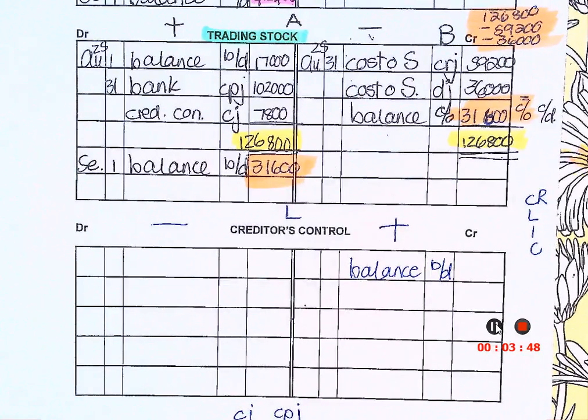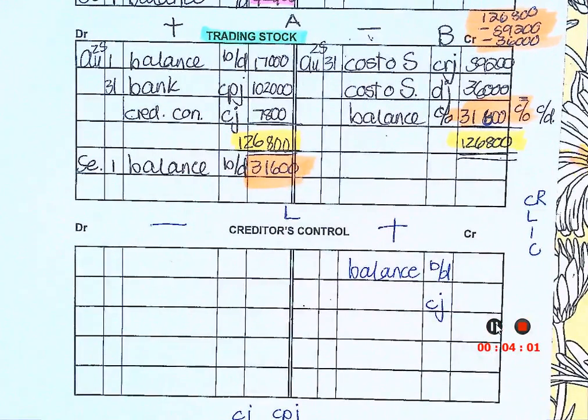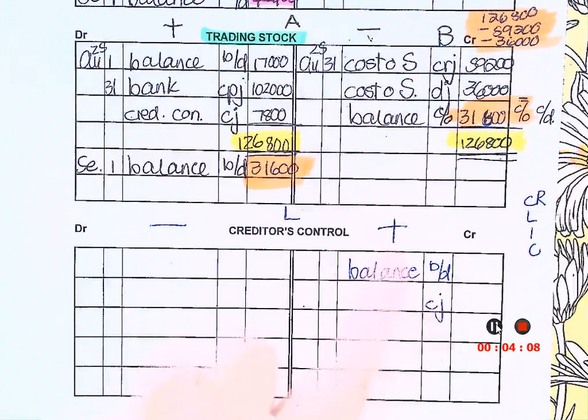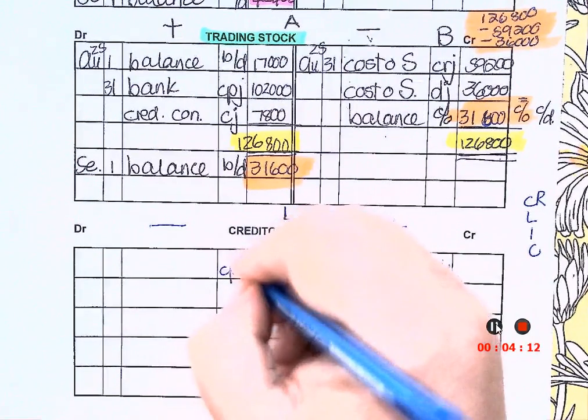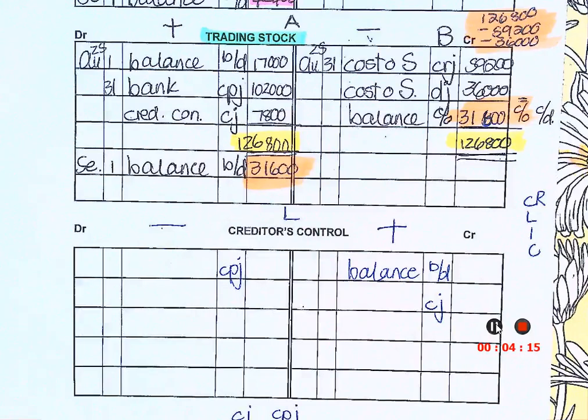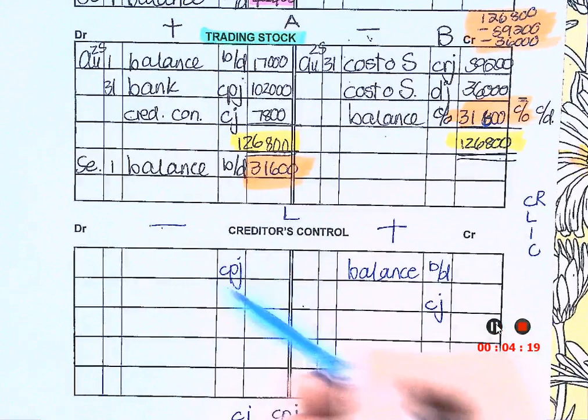So now I'm asking you again, which journal will make my debt increase? The CJ, because the CJ is the one where I buy on credit, meaning my debt becomes more. So the CJ would be on the plus side and the CPJ would be on the minus side. This one makes my debt more, this one makes my debt less.